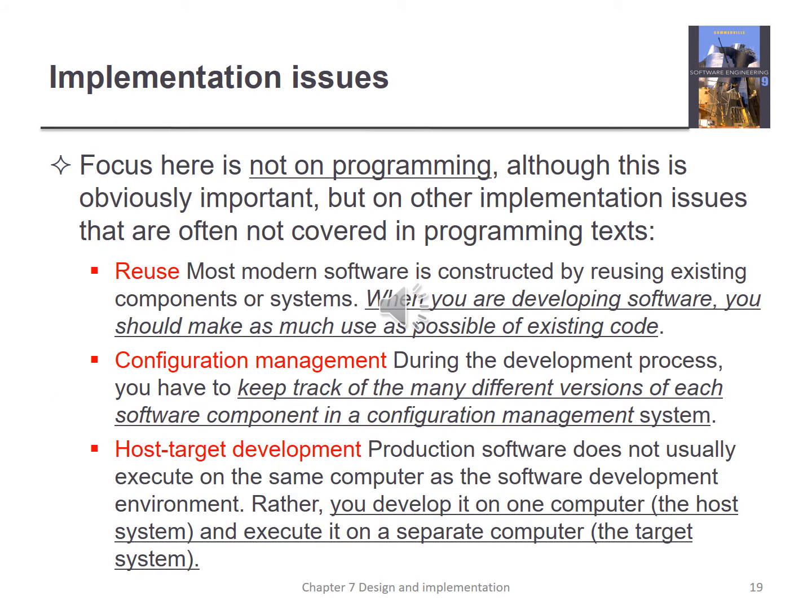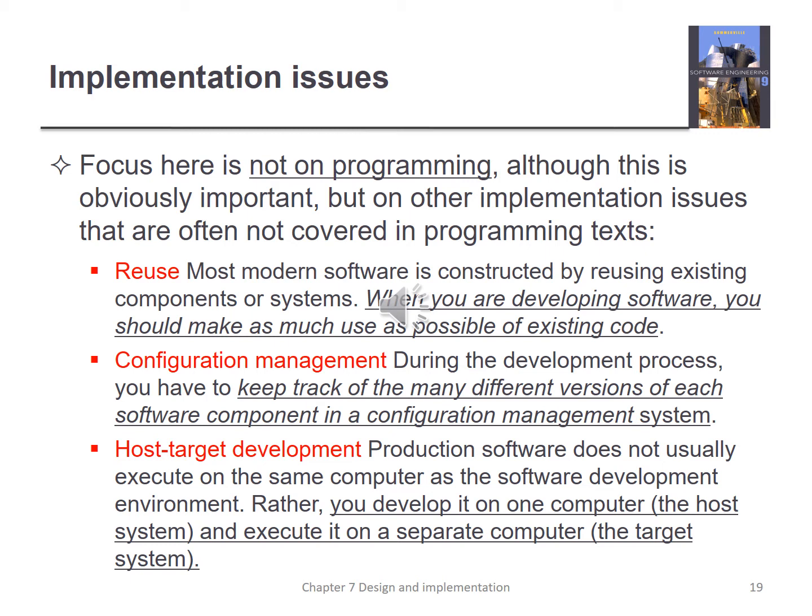Well, implementation issues for any system, for any project. The focus here is not really on programming or whatever. There are some things like reuse. Are we going to build it from scratch, or could we really reuse it, probably the whole system or part of it? Configuration management. During the development process, you have to keep track of the many different versions of each software component in a configuration management system.